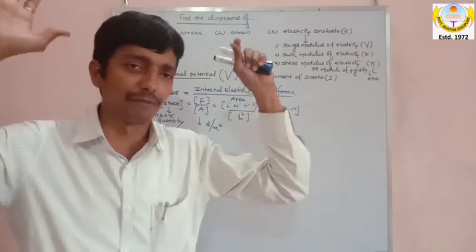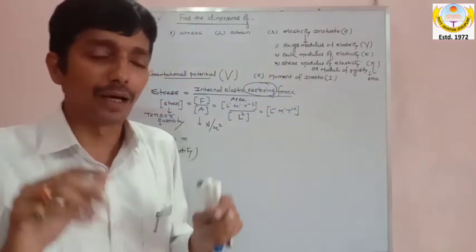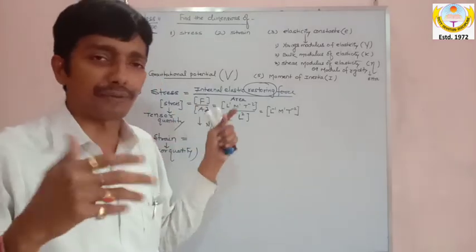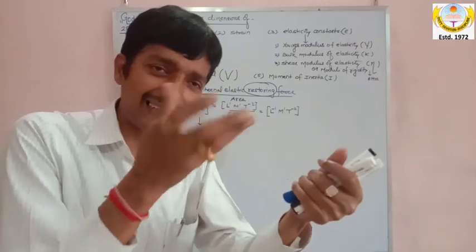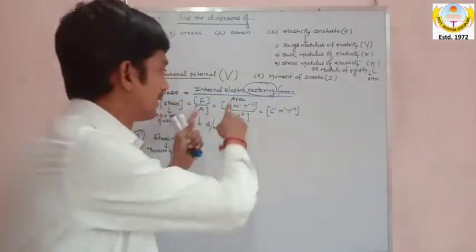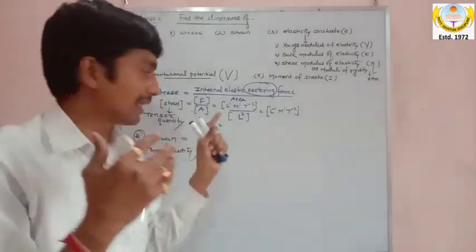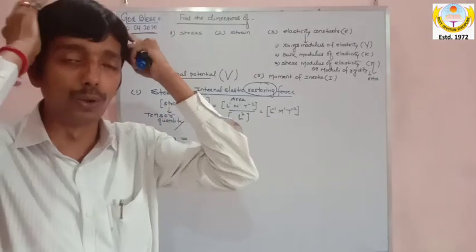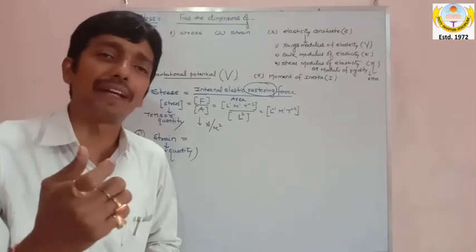Suddenly I took a lot of weight on my head, a lot of load I have taken. Now that load can be called stress, because the more I stretch the rubber, the more internal elastic restoring force will develop. So ultimately this concept is related to your load. Stress is a concept related to load. So the more load I take, my dear, the more strain comes in the body.